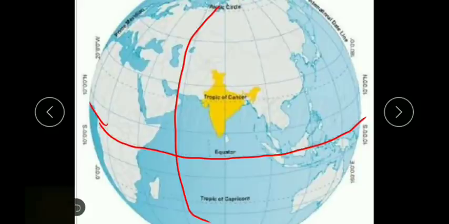So we are in the northern hemisphere and eastern hemisphere. So we are actually in the northeastern hemisphere. Our India lies in the northeastern hemisphere. See the next picture.